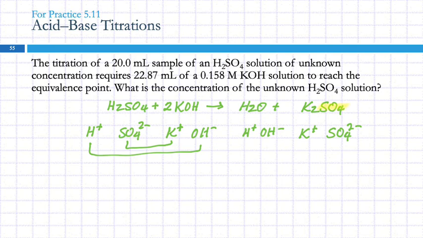I have sulfate on this side and sulfate on that side, 1 of each. Right? And then what else do I have? I have OH minus here. Let's do this. So I decided there were 2 of those, so that's 2 KOHs, right?